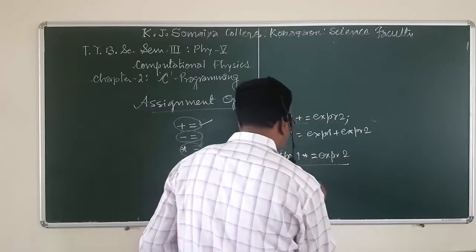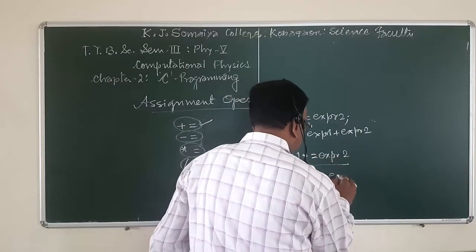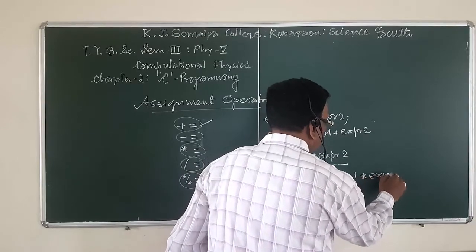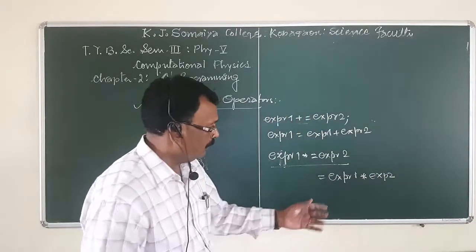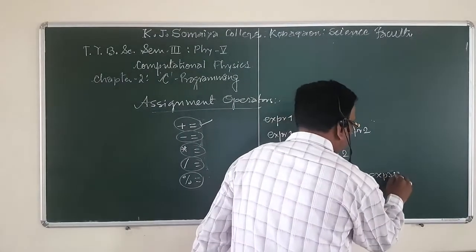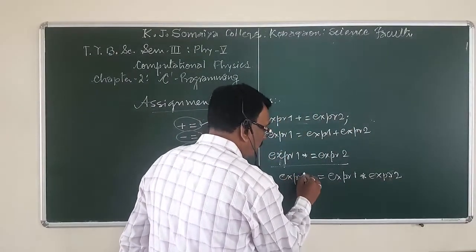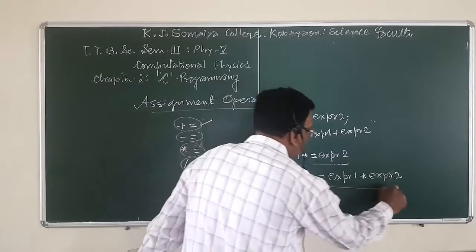That is the meaning of this: expression 1 into expression 2. Make the product of expression 1 and expression 2 and then assign the result to the variable expression 1.